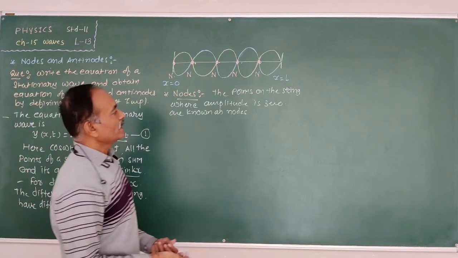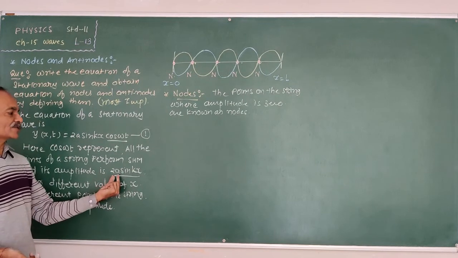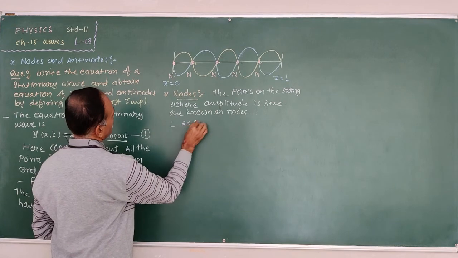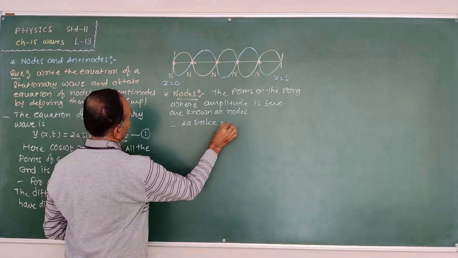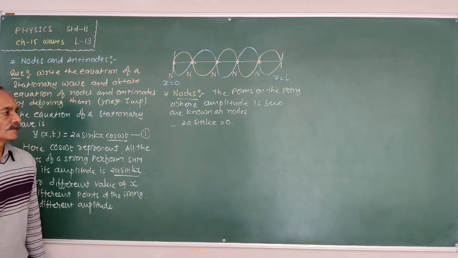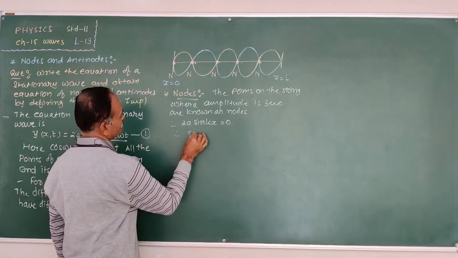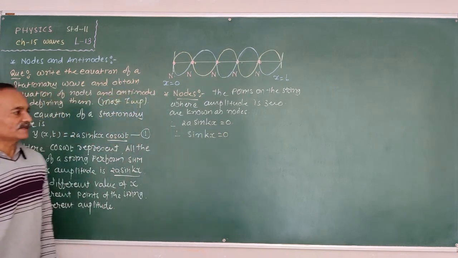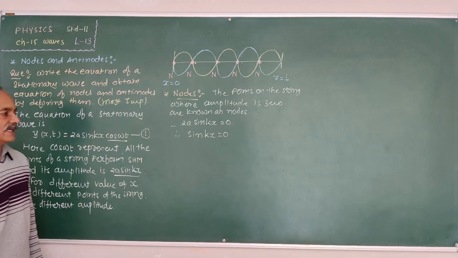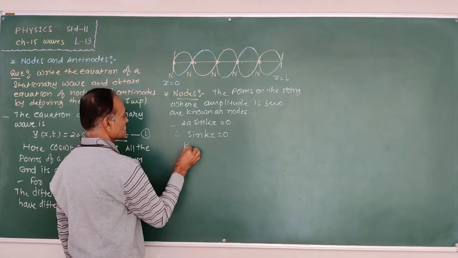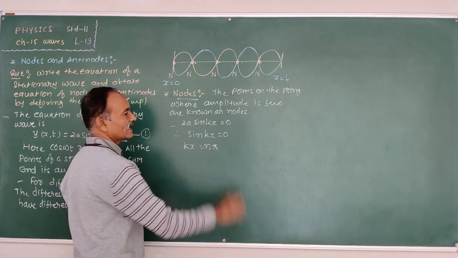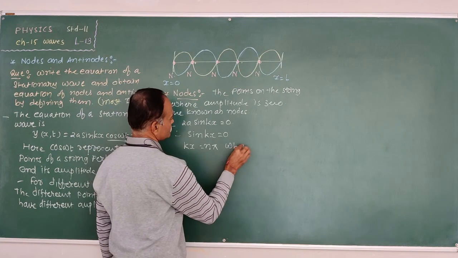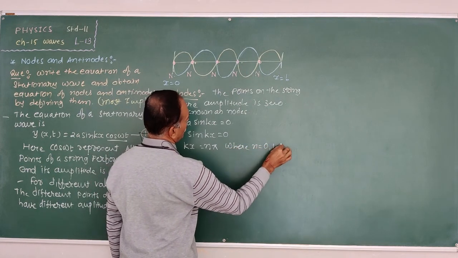For a node, the amplitude is 0, that means 2a sin kx is equal to 0. Therefore, sin kx is equal to 0. Now, the zeros of sine are obtained at n pi. Therefore, kx is equal to n pi, where n is equal to 0, 1, 2, and so on.